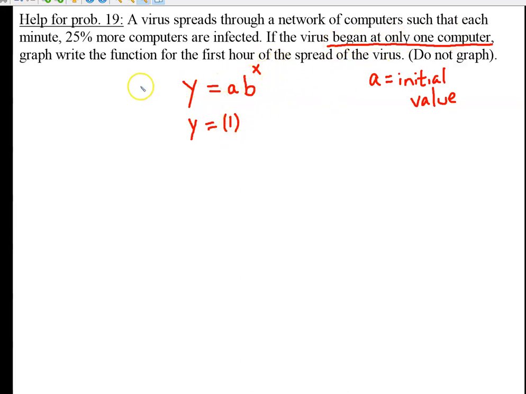Another thing that we know is this letter B. In growth problems, which is what we have here because we're told that the virus is spreading, it's spreading at a 25% rate. So in this case, B is called a growth factor.